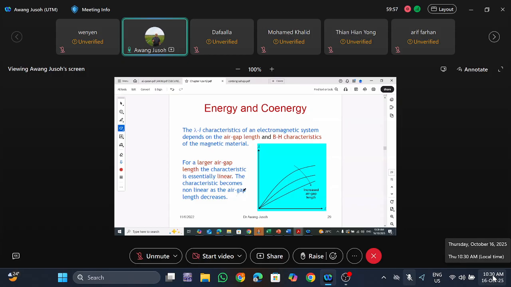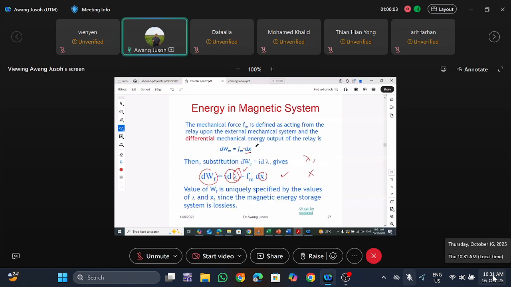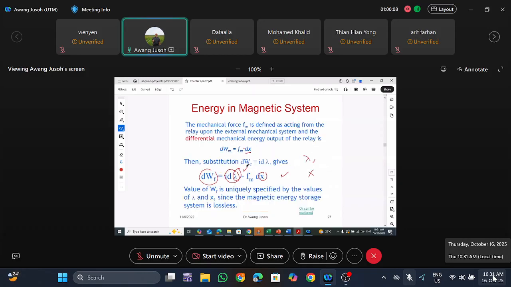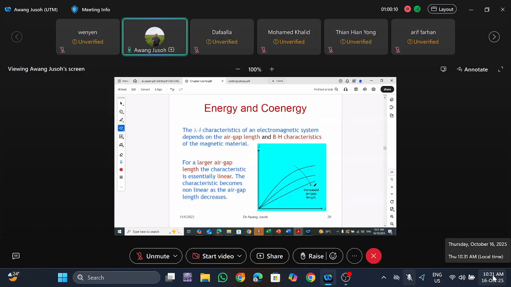So basically lambda versus I depends on the air gap size. If the air gap size of our system is bigger or longer, then we have a characteristic like this, almost linear between lambda and I. If the air gap is smaller, the relationship becomes non-linear. You can see the plot there.